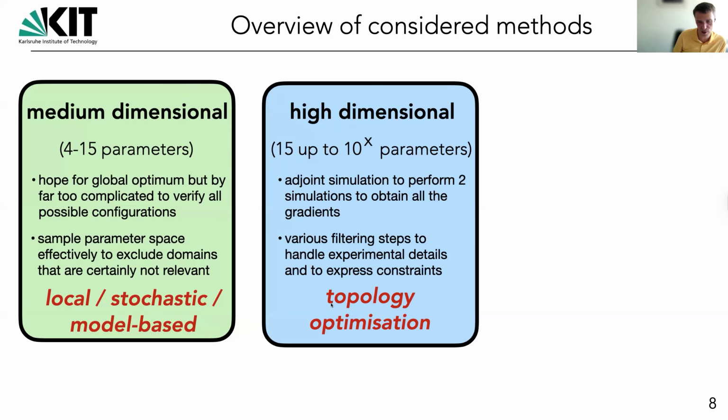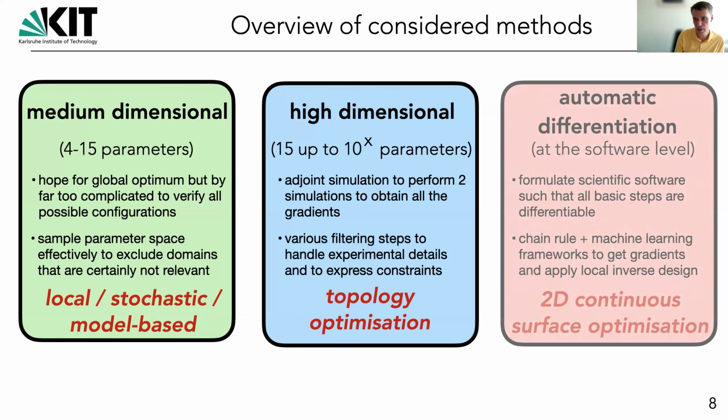All these aspects usually come together in techniques called topology optimization, which is usually the weapon of choice if you have a direct partial differential equation that describes the problem. You solve this partial differential equation once, and you also solve the adjoint problem, and then you have this gradient-based approach. A last aspect that was also already mentioned before is that of automatic differentiation.